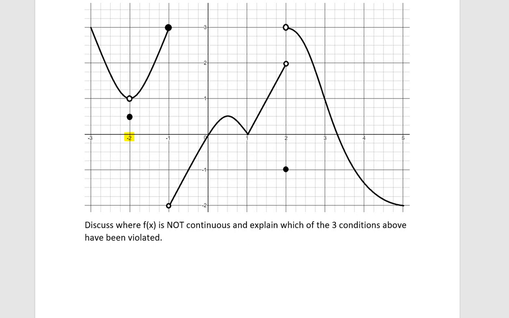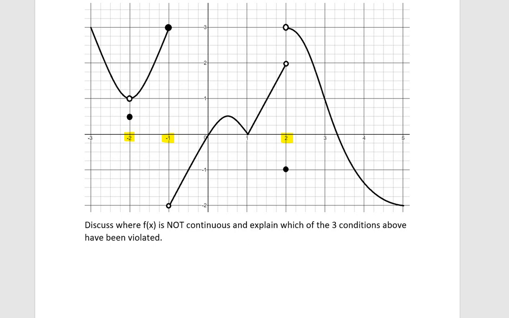So it's discontinuous at -2. If I continue to follow this graph, I have to stop here and jump down here. So it's discontinuous at -1. And as I continue on, we also have a discontinuity at 2, because I jump and I'd also have to jump back down here.